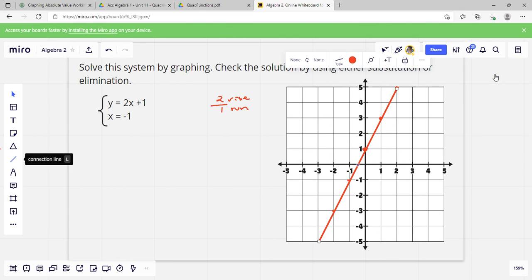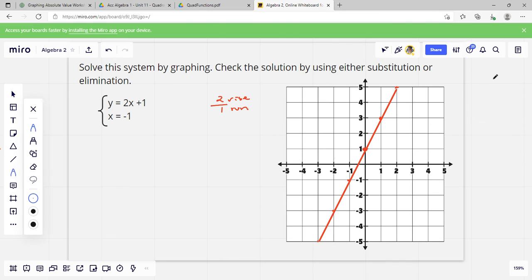Okay, and then our other one is x equals negative 1. So no matter what y is, x is negative 1. So if y is 0, x is negative 1. If y is 2, x is negative 1. So it's just going to be a vertical line here. Let me change the color on that.